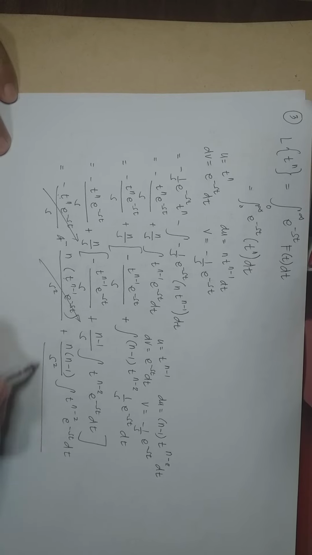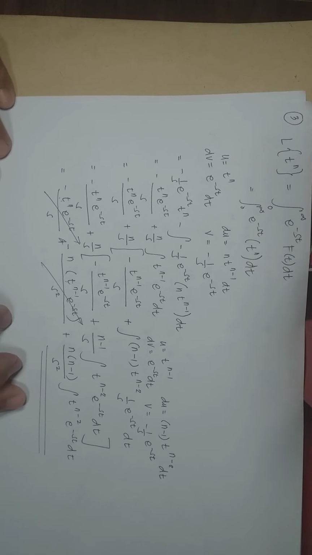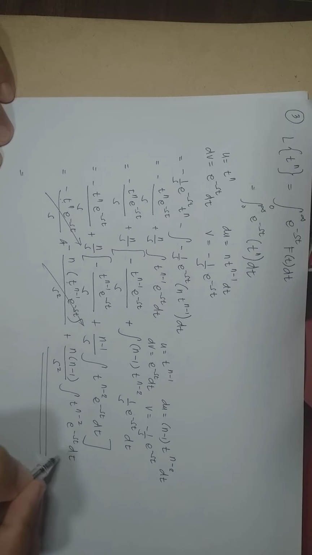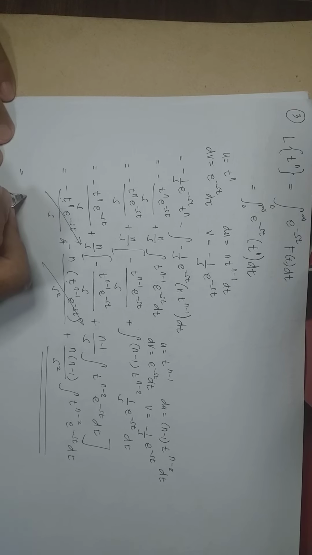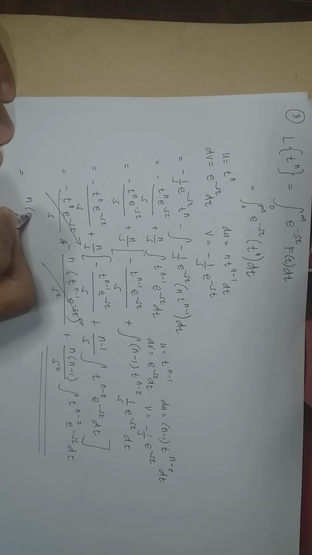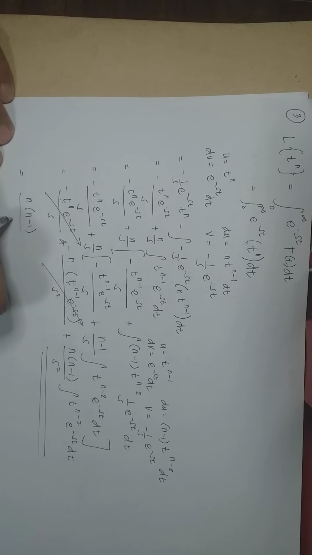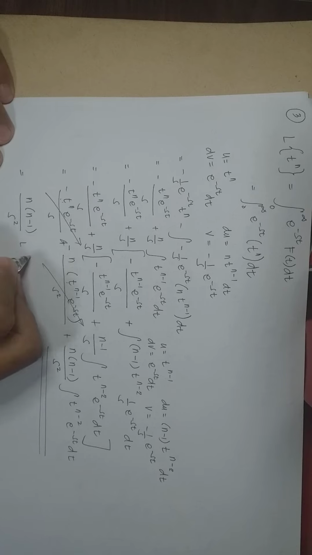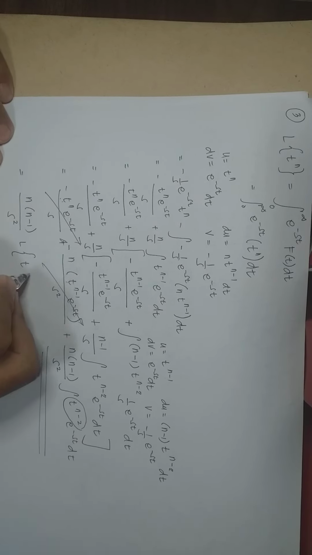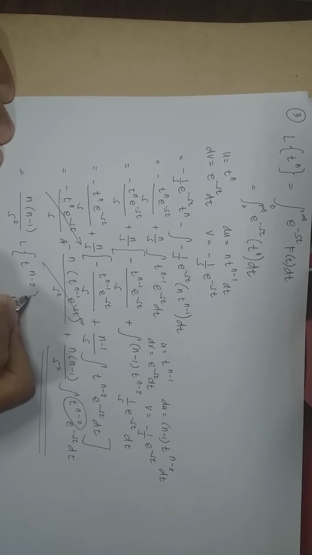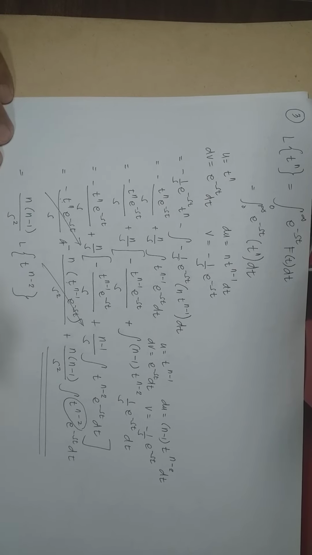So we are left with this part of the equation here. Now, if we're going to process this once again, this will just continue as n times n minus 1 over s square, the Laplace transform of t raised to n minus 2. Okay?